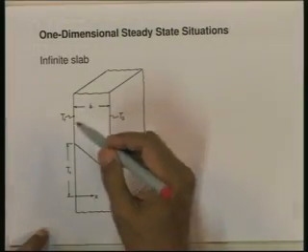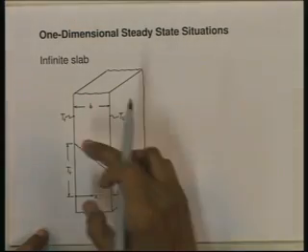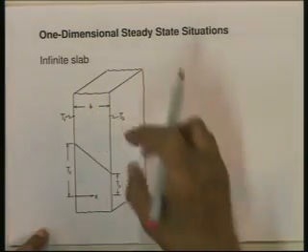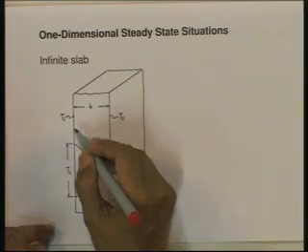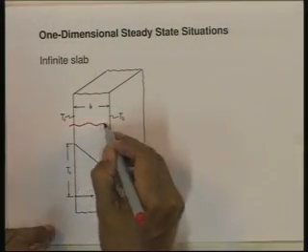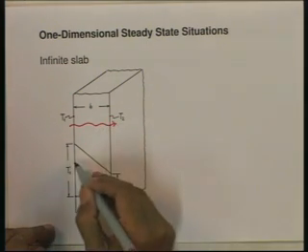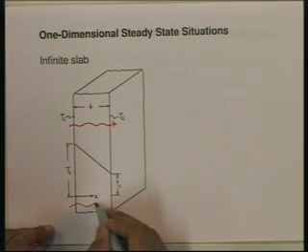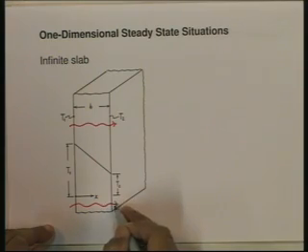By conduction, obviously, heat has to flow in the direction of decreasing temperature. So, if I assume T1 to be greater than T2, the heat is going to flow from left to right across the slab, like this.